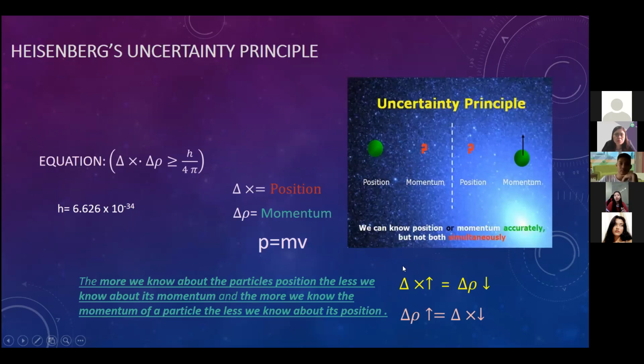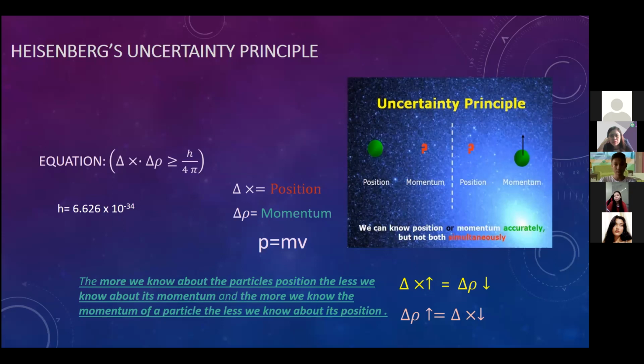For Heisenberg's uncertainty principle, we have here the uncertainty in position times the uncertainty in momentum is more than or equal to h over 4 pi. The more we know about the particle's position, the less we know about its momentum.